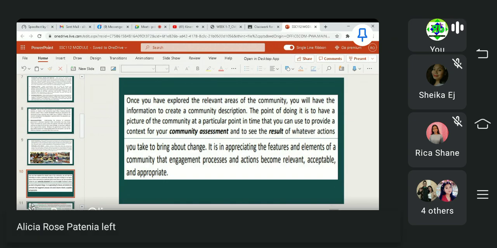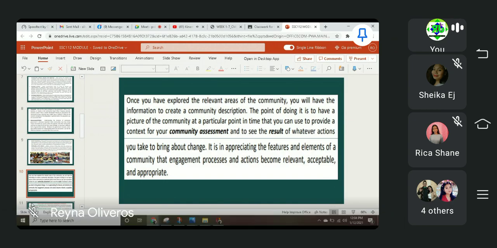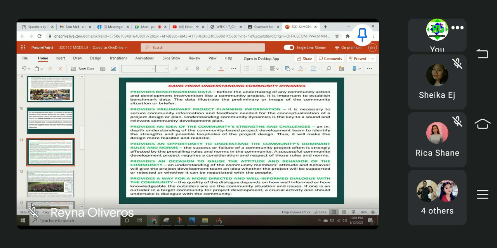Okay, ang tawag natin doon is community assessment. Once you assess the community based on its aspects, you will have a result, whatever actions you take to bring about change. 'Di ba? So, yun yung mga kailangan mong gawin, okay? You have to have a community assessment.